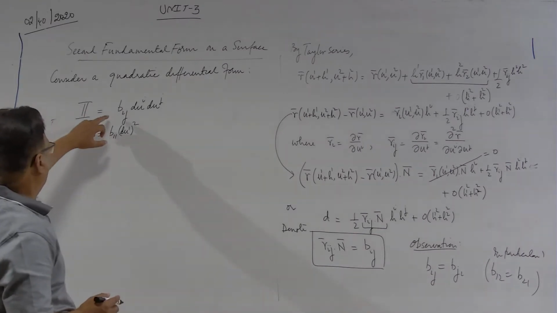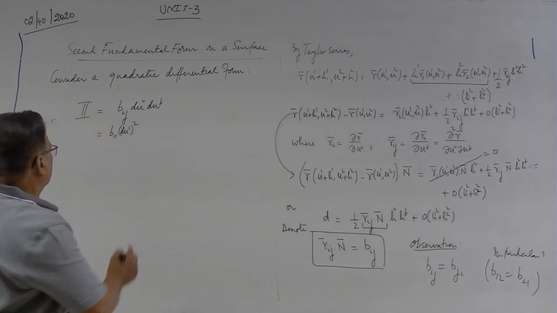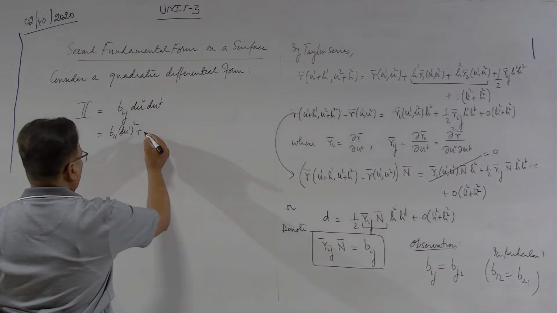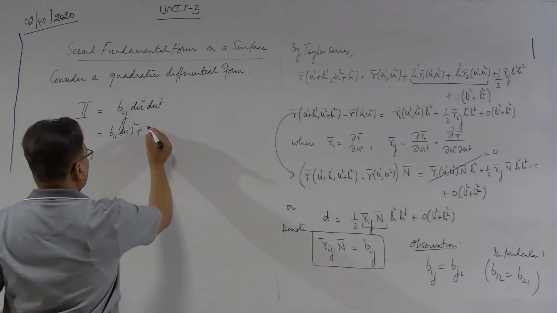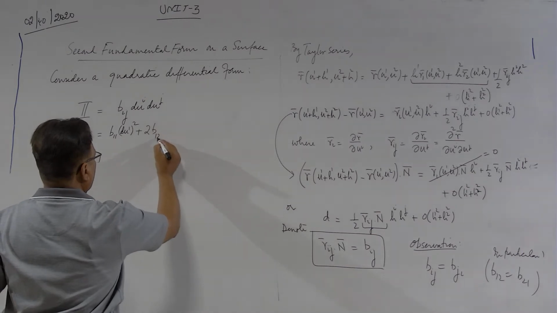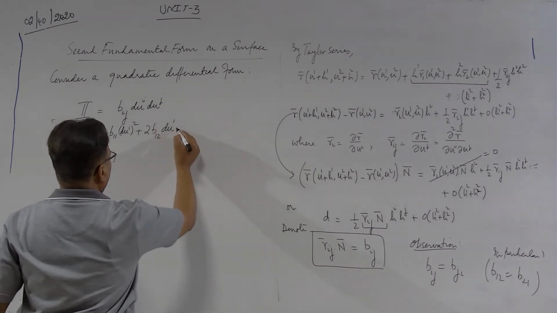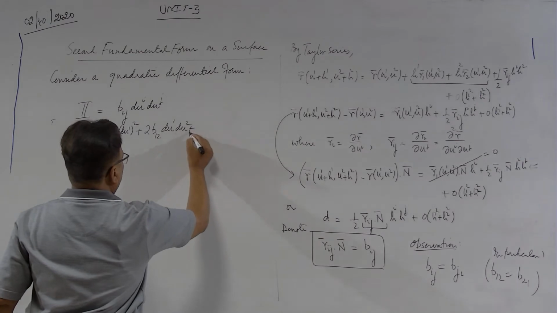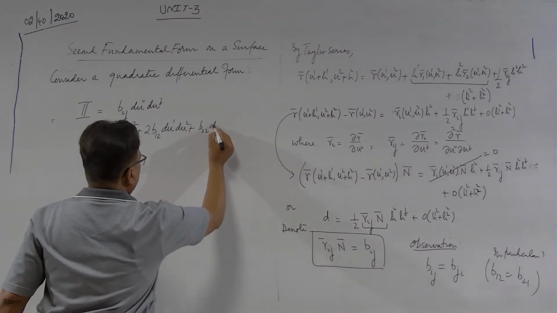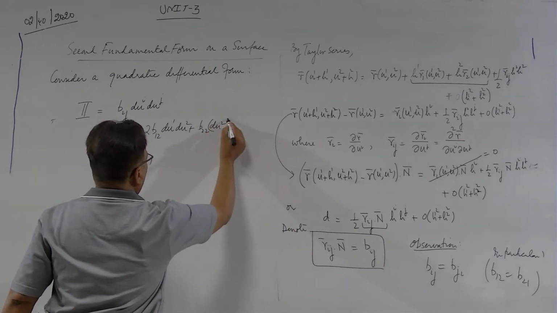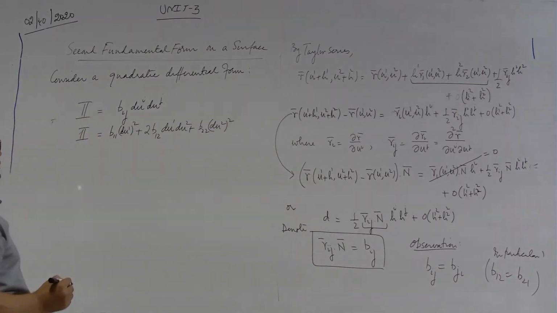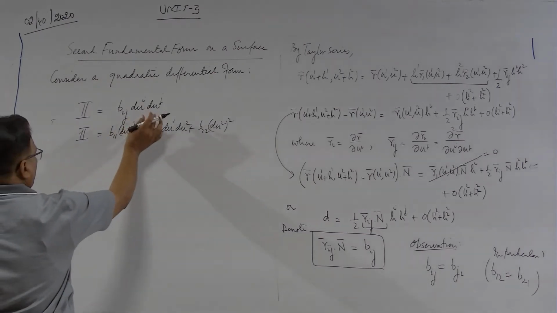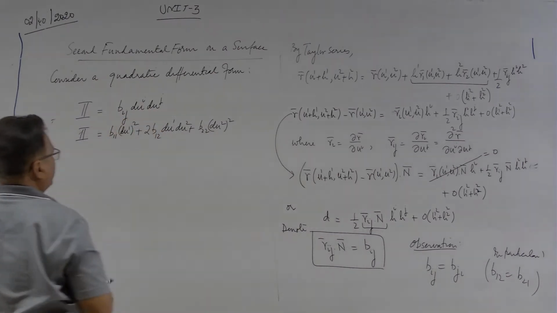Now I was expanding this summation. So, B12 du1 du2 plus B21 du2 du1. You can combine them: 2 times B12 du1 du2 plus B22 du2 whole square. So, this quadratic form is called the second fundamental form. This is in the compact notation, this is in the expanded notation.